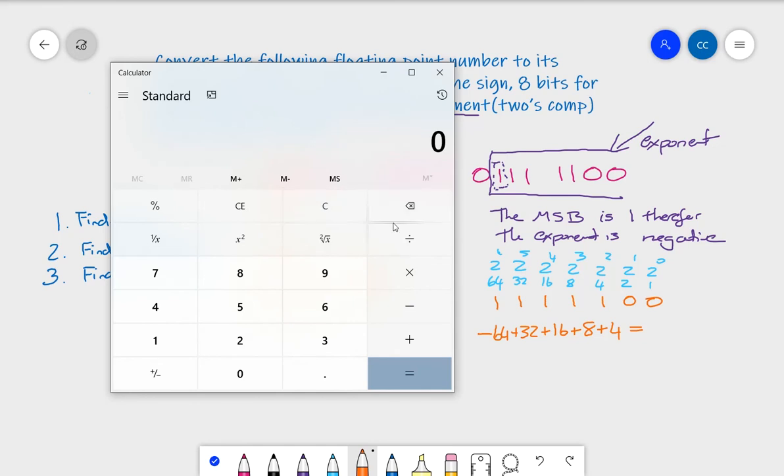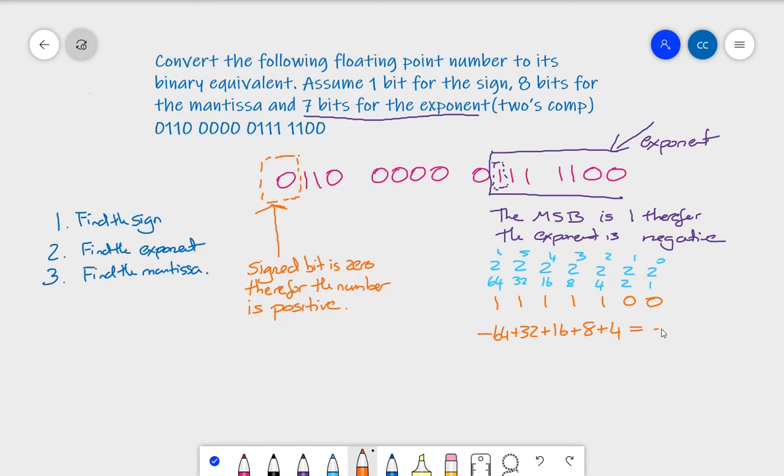So it's 64, and turn that sign to negative, plus 32, plus 16, plus 8, plus 4. And what are we left with? We're left with negative 4. So our exponent is negative 4.